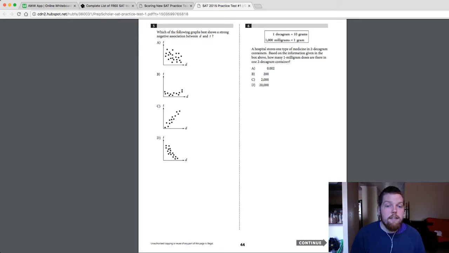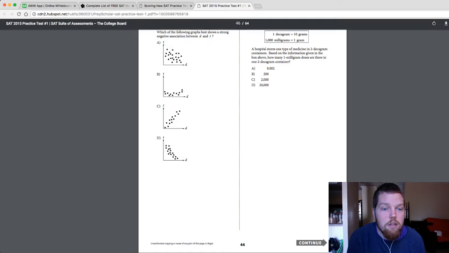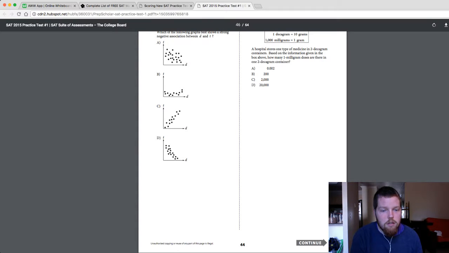So as distance increases, time is going to be smaller, I think. D and T could stand for distance and time here. So I think that the answer is going to be D.